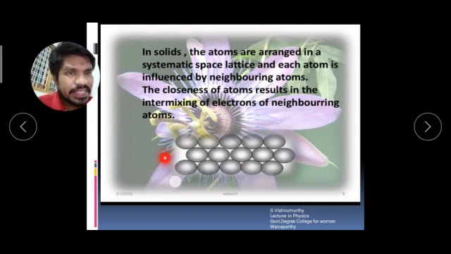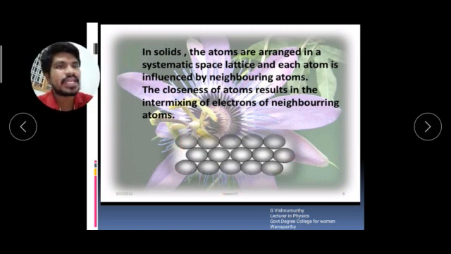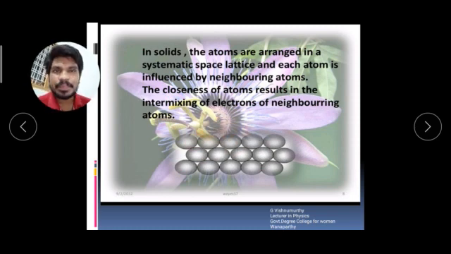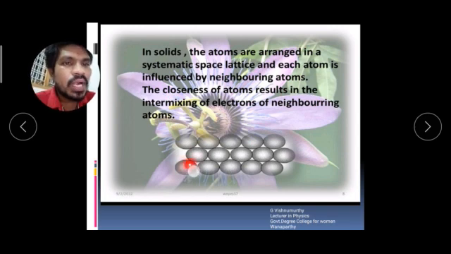Here you see the atomic structure in the solid in this figure. Every atom is very close to the nearest neighboring atom, attached to each other. So the valency electrons move freely from one molecule to another.